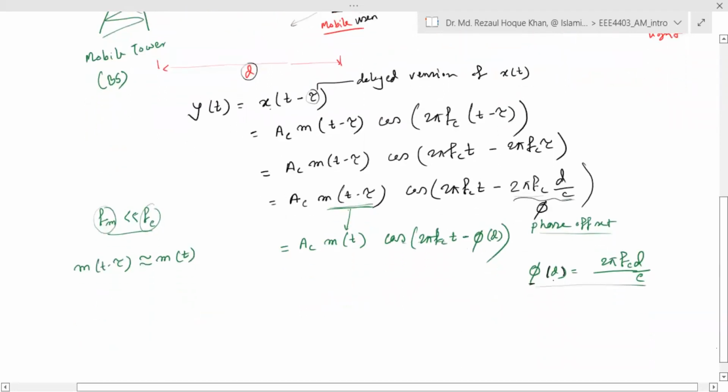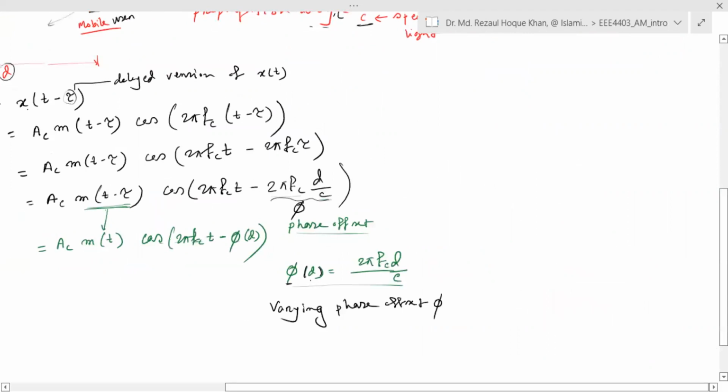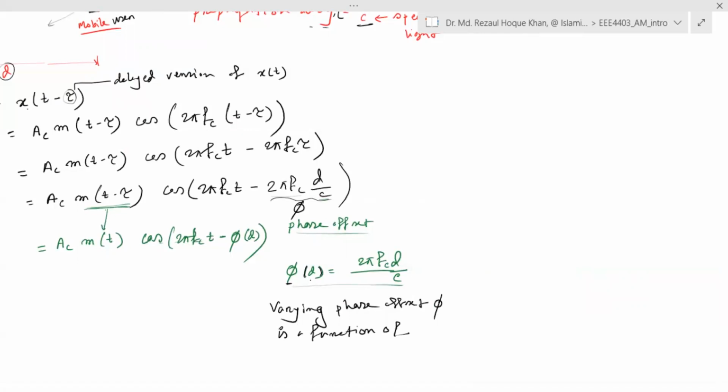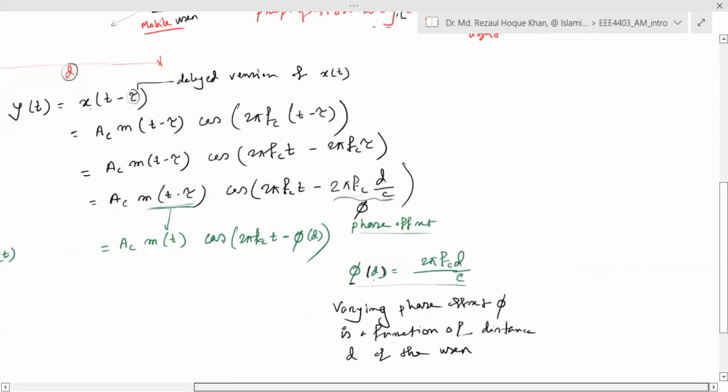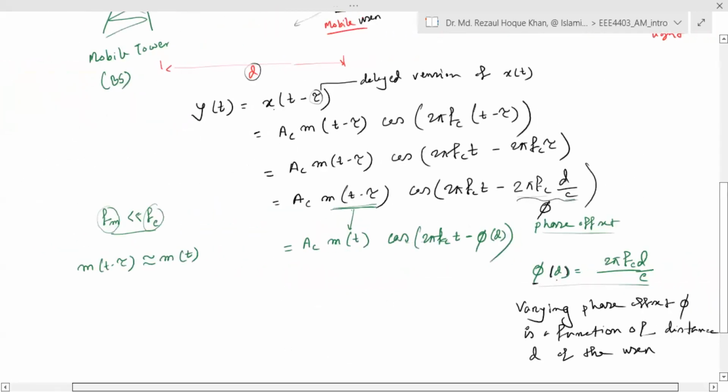So what we can write is that the varying phase offset phi is a function of the distance d of the mobile user.